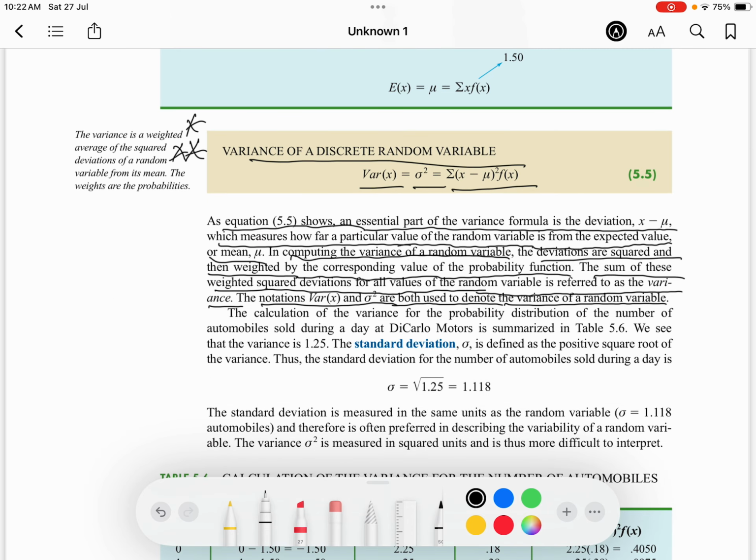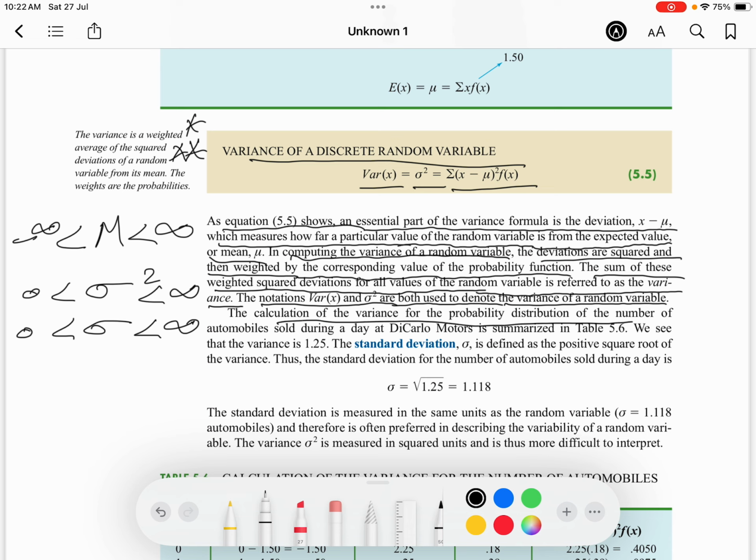You notice that sigma square is between 0 and infinity and standard deviation is between 0 and infinity, but mu is between negative infinity and positive infinity.